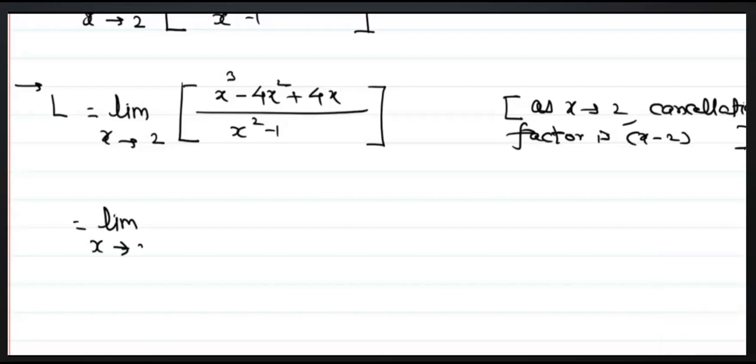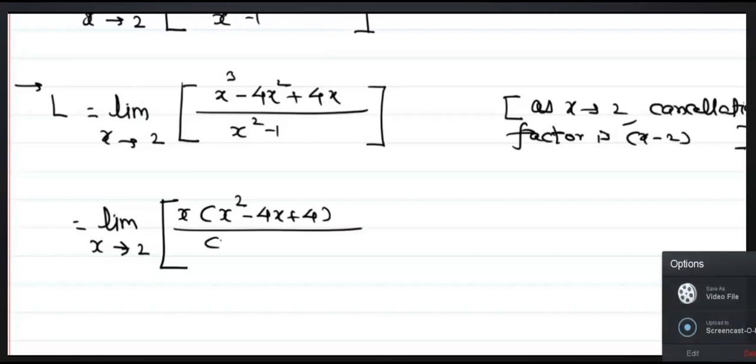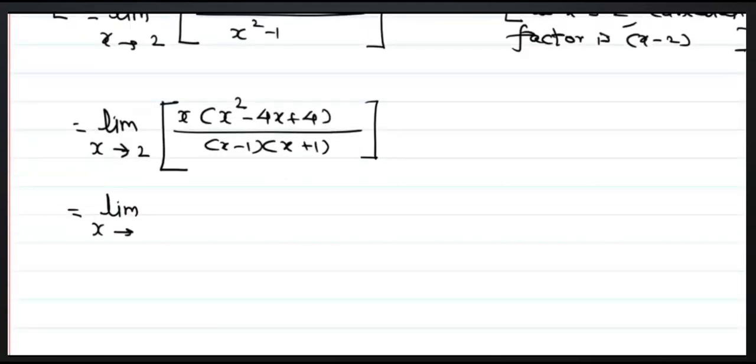Now next is x in bracket x square minus 4x plus 4 upon x, and a small mistake is there.